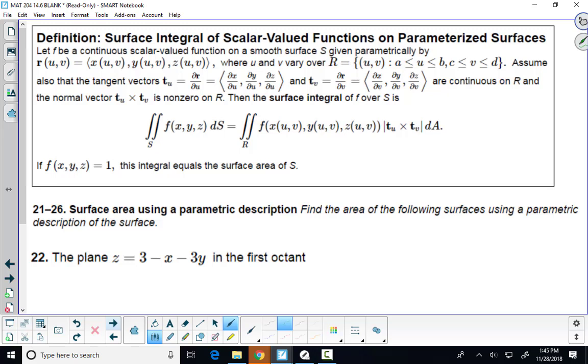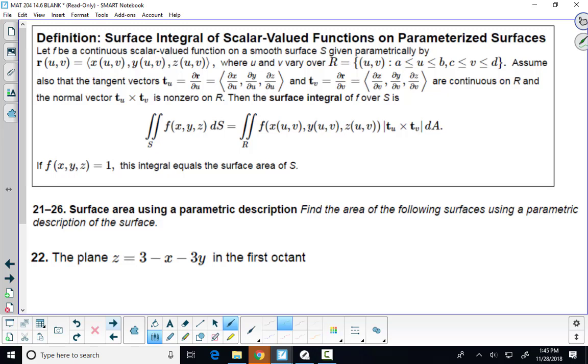In a lot of ways, it's like a Jacobian. We take the dS and rewrite it with this little adjustment factor times dA. So it's acting like a Jacobian would act, giving us a little adjustment. The area of the patch is approximately equal to the area of the parallelogram times dA.